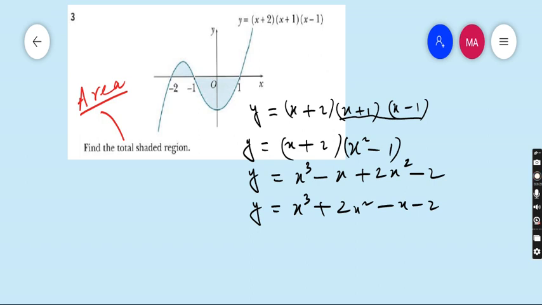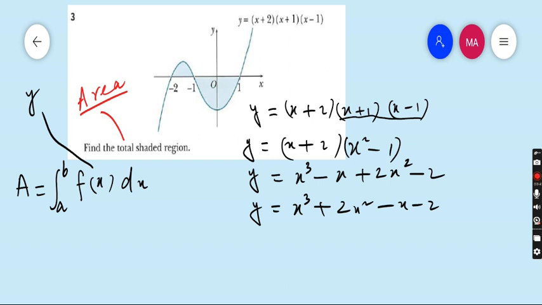What is the formula of the area under the curve? It is the integral with limits a to b of f(x) dx. f(x) means y, because y is a function of x.